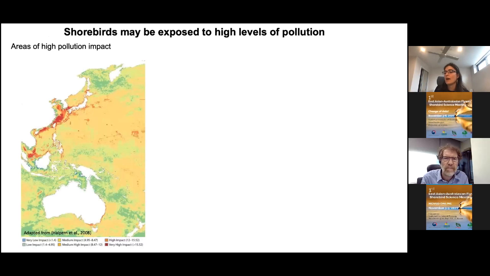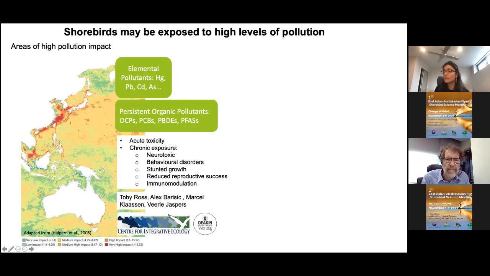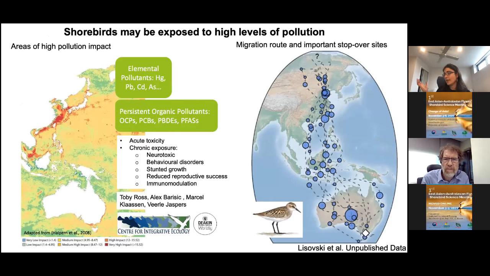This is a map from a paper a few years ago. In this case, white is the continents, and the color corresponds to levels of pollution. I'll overlay this again. You all know the migration routes of shorebirds, but again, we find that places where shorebirds stop are places where there are really high levels of pollution in the environment. And we know from studies in people and other organisms that pollution may modulate the immune system.